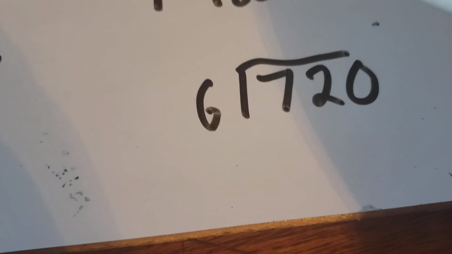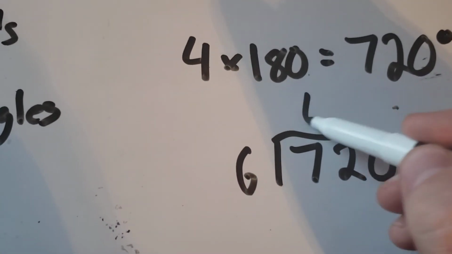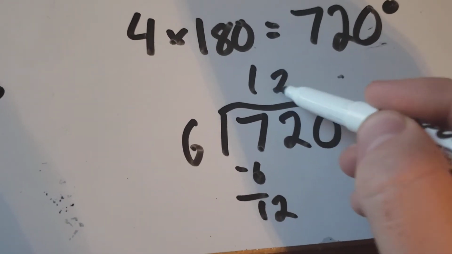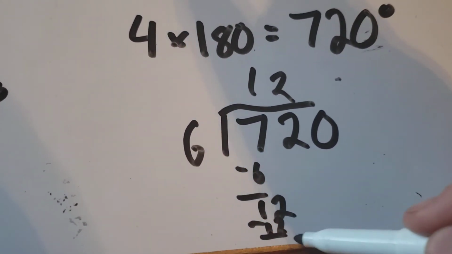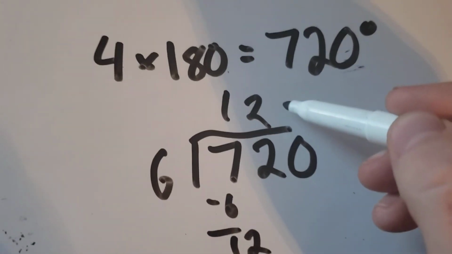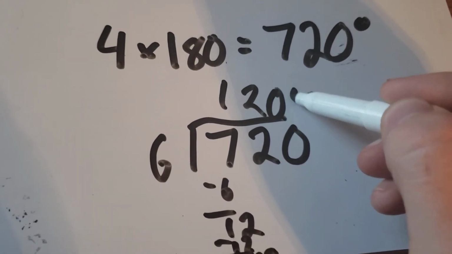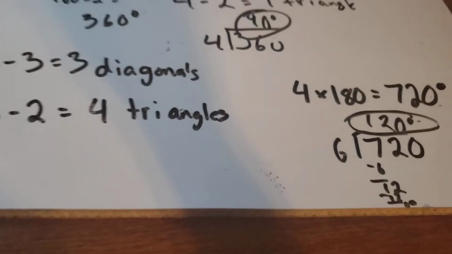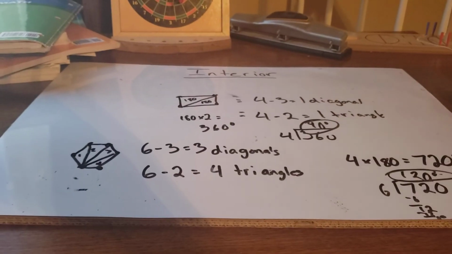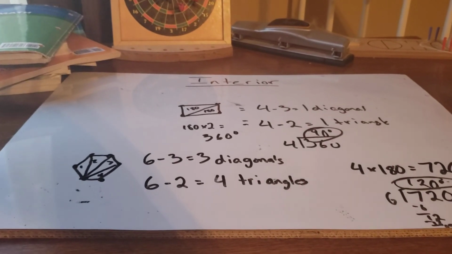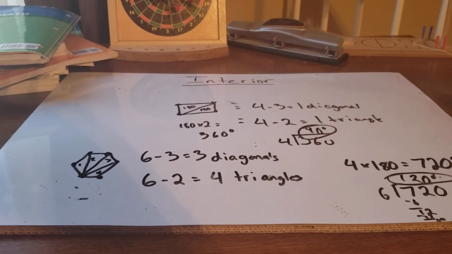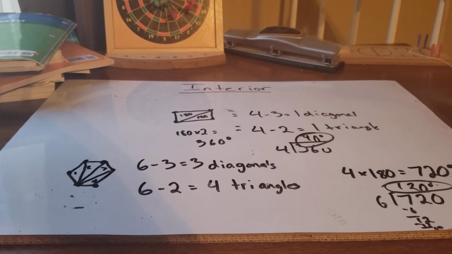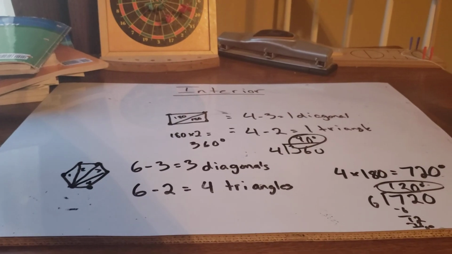So we take 720 divided by 6. 6 goes into 7 once. 6 goes into 12 twice. And 6 goes into 0 times. So each interior angle averages 120 degrees. So using your knowledge of triangles equaling 180 degrees, how many triangles can we split our shape into? How many angles make up that shape? You can find the average interior angle.